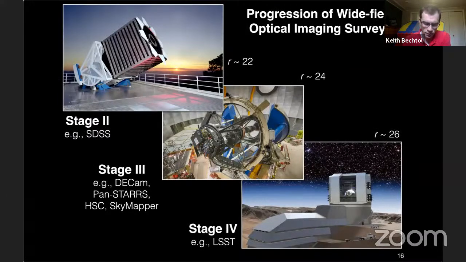So the Dark Energy Survey is part of what's known as a stage 3 set of optical surveys. You can think about these large digital imaging surveys of the sky, beginning with SDSS in the 2000s. In the current generation, we have surveys using the Dark Energy Camera, DECam, Pan-STARRS, the Hyper Suprime-Cam, SkyMapper, and others.